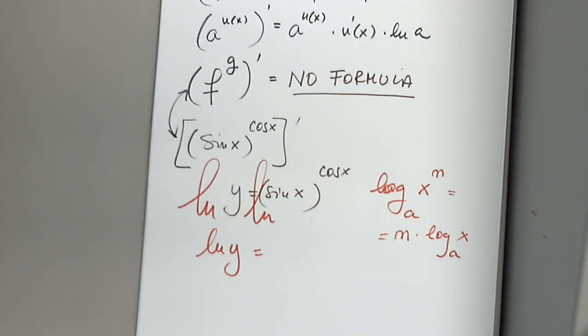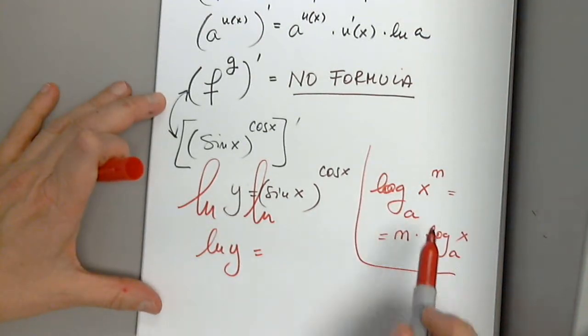This is not differentiation or anything. This is just the property of the log function. Whenever we apply log to a power, the power goes in front as a factor. It has nothing to do with differentiation. So I hope you remember this property.